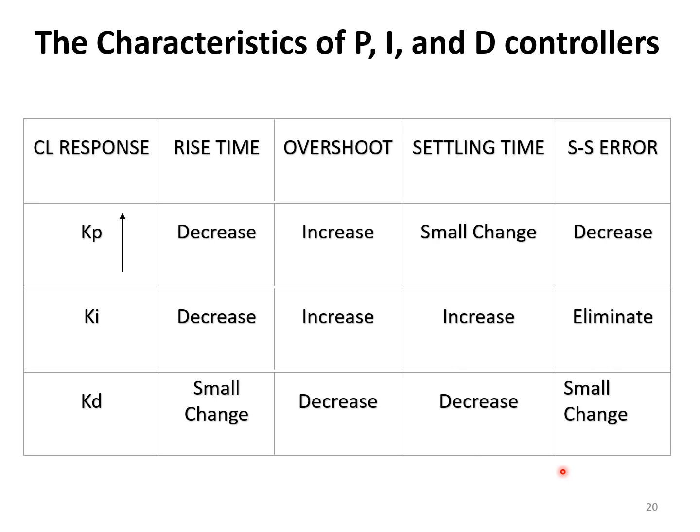Coming to integral control, rise time decreases, overshoot increases, settling time increases, and steady state error gets eliminated. For derivative controllers, there is a small change in the rise time, overshoot decreases, settling time decreases, and there is a small change in the steady state error. So this is the overall characteristic of P, I and D controllers.